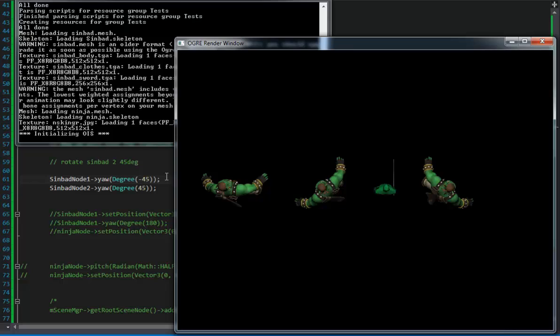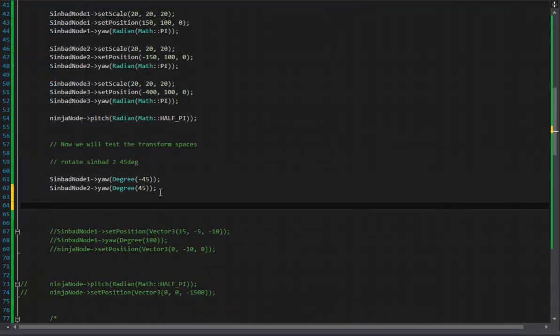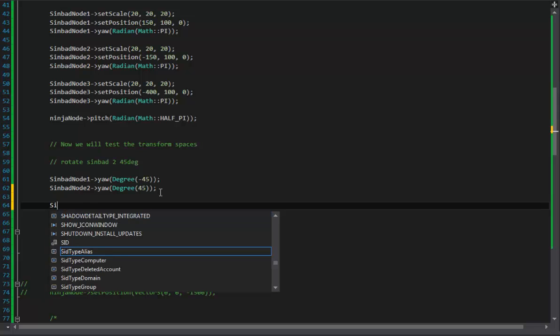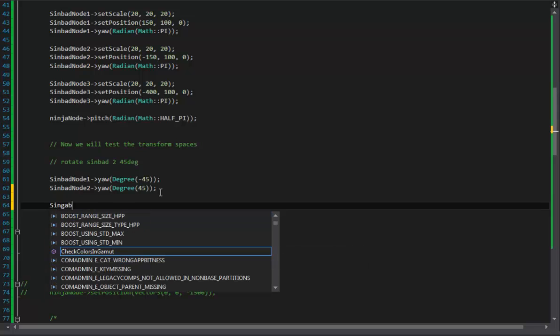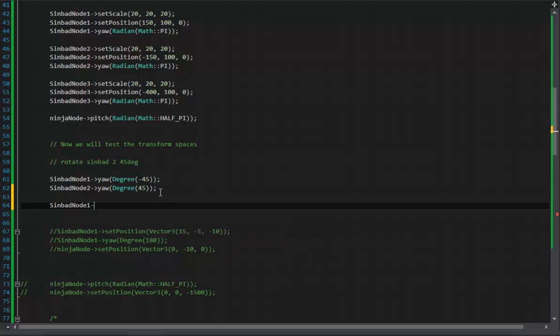What happens if I take Sinbad 1 and set its position to 0, 0, and 100 units on its z-axis?